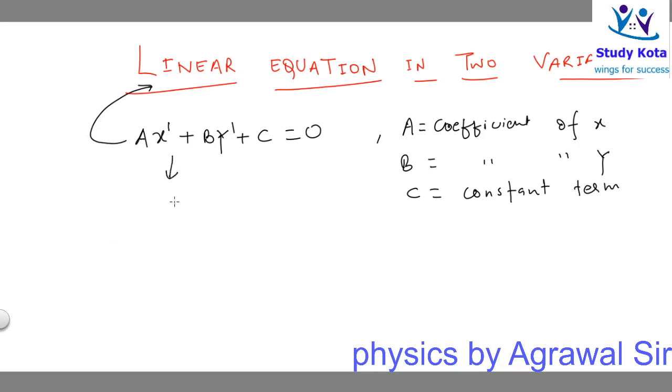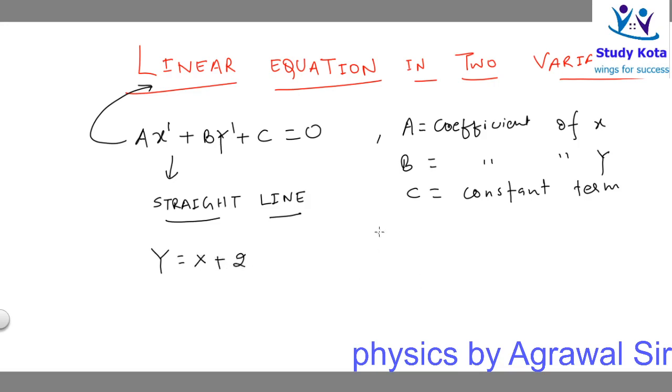What does it graphically represent? Graphically it represents a straight line. How do we know that it represents a straight line? Suppose we have an equation like y equal to x plus 2.